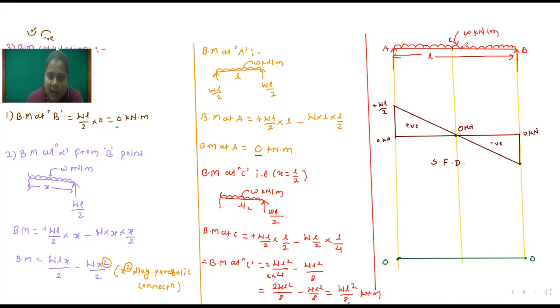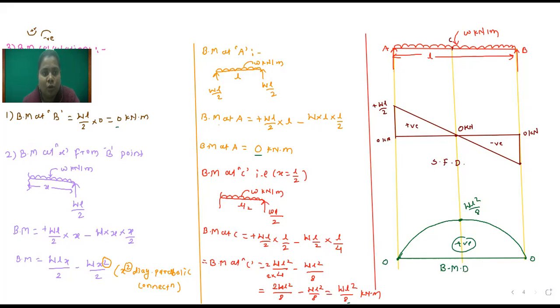So at C point we got the maximum bending moment, and its value is WL square by 8. Whole diagram is positive. So this is the bending moment diagram.